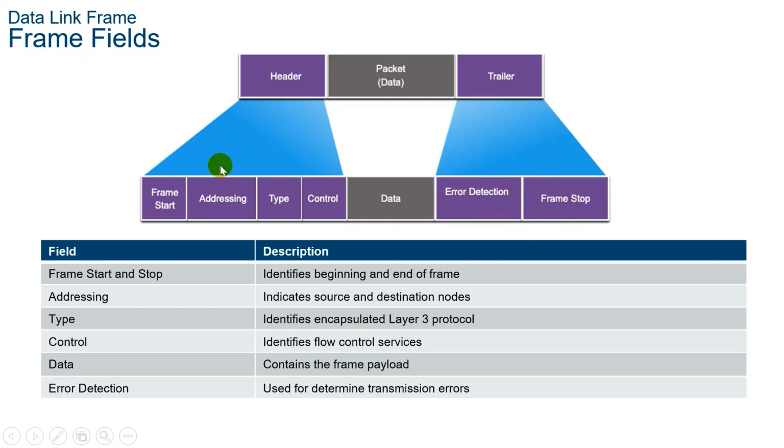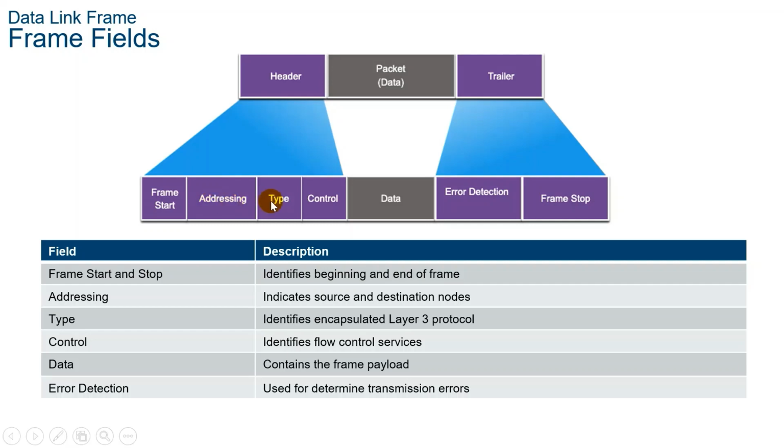Now, let's get into the details about the subcomponents of the header and trailer. Let's start with the frame start and stop indicator flags. The first component is used to identify the beginning and end limits of the frame. Addressing indicates the source and destination nodes on the media, so we're talking about the source MAC address and the destination MAC address.